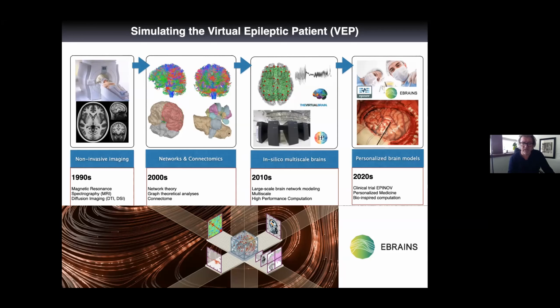There was a little bit of network theory, graph theoretical tools, but in neuroscience it was just emerging. And then it gave rise to what we know today as the connectome and connectomics.